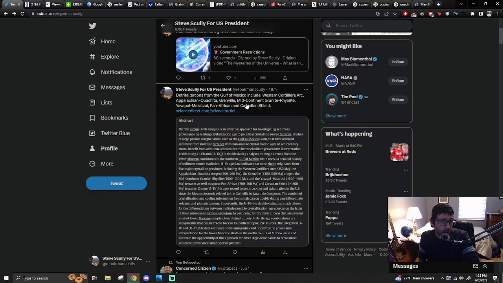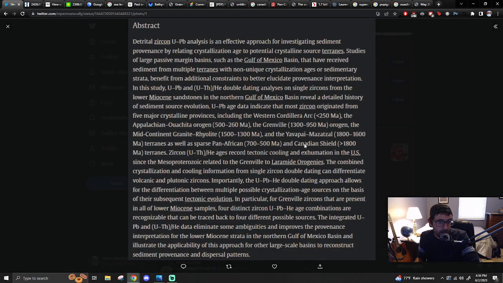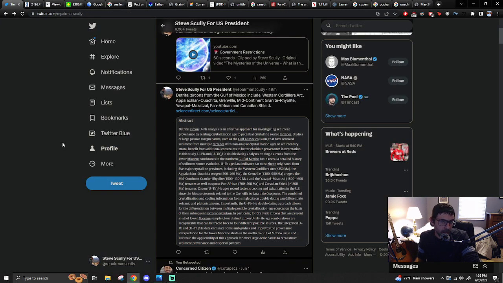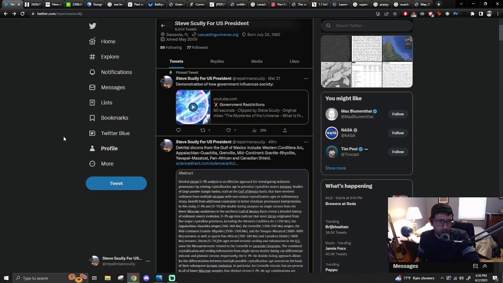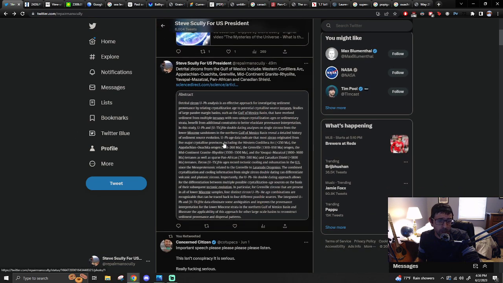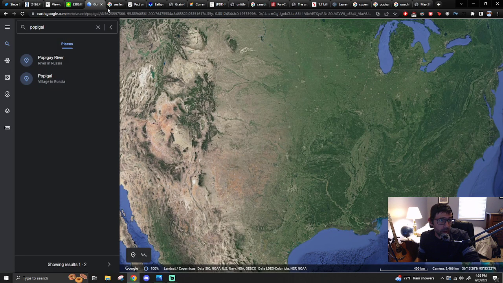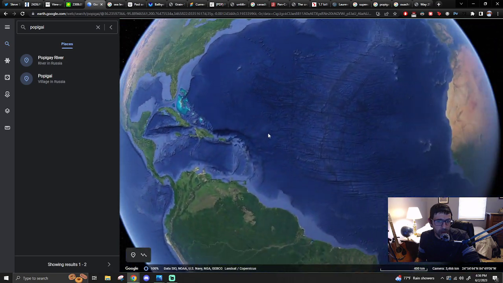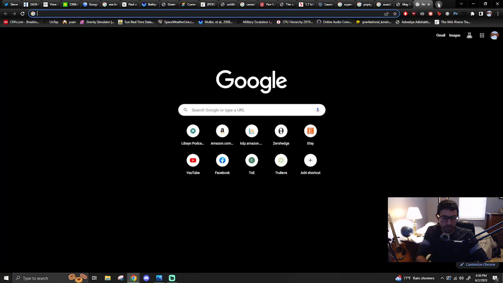But it's worth noting that so are the Canadian Shield and Africa, Pan-African sources and Canadian Shield sources. Although admittedly they're sparse, not that much of them, but they got there relative to the rest, because they're probably more proximal, so more sourcing than the more distant stuff. But the Gulf of Mexico has stuff in it from over here.